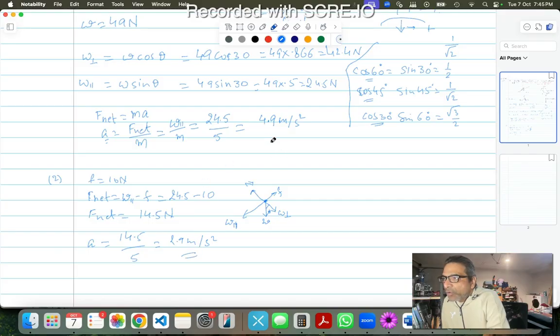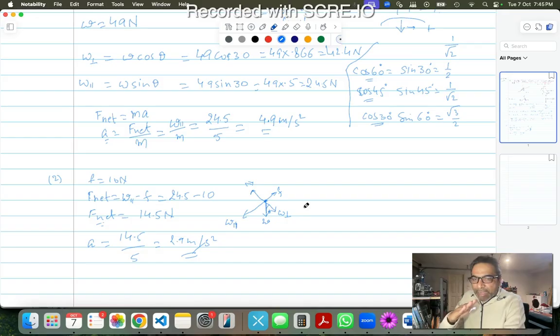So this is how you are going to do the free body diagram questions. You have to draw all the forces, right? And also come up with the F net. The weight is always what? Not the weight, it is always the F net, right? So weight is this one.